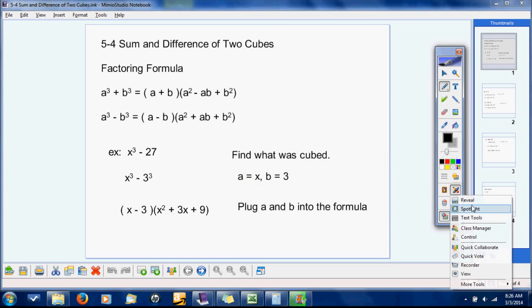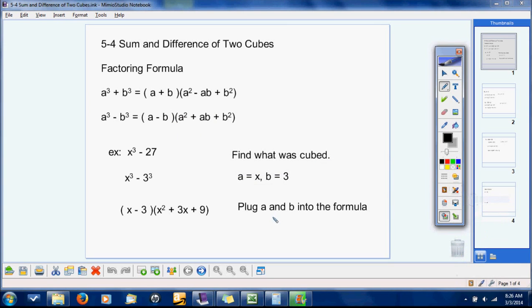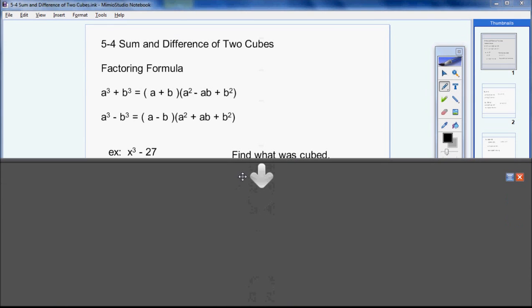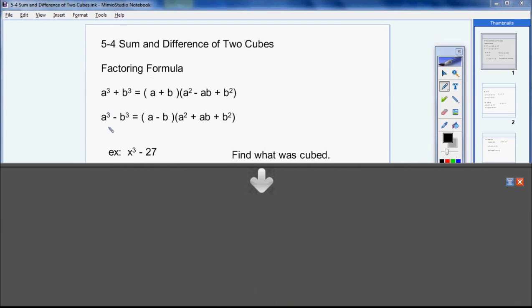So what we need to take a look at here is how we can use this to help factor. Now, it only works if you have a cube in this position and you have a cube in this position. A perfect cube is when you have a number times itself 3 times.